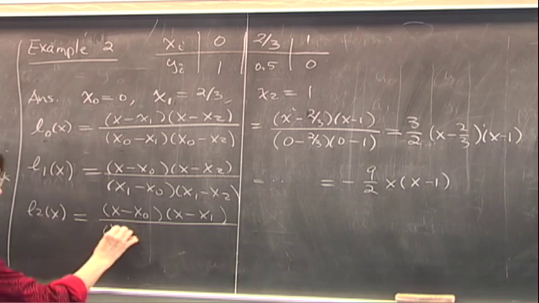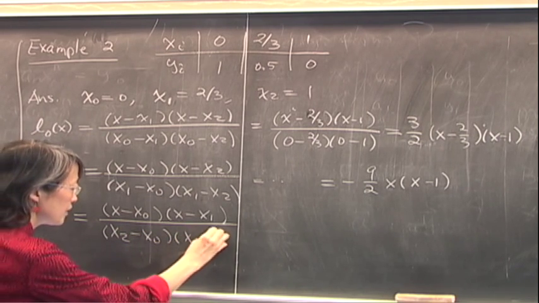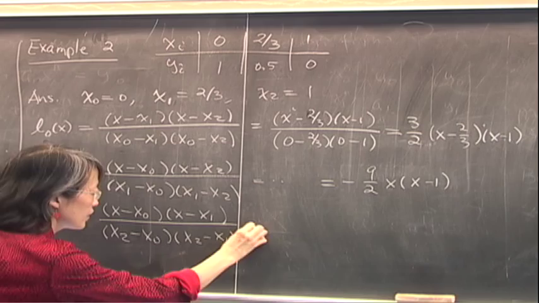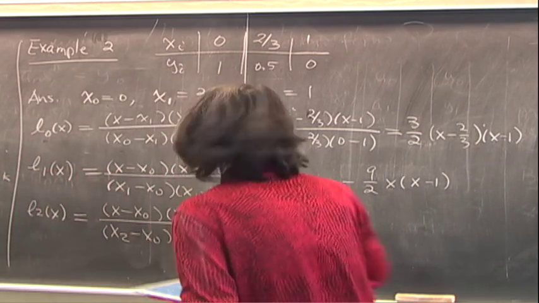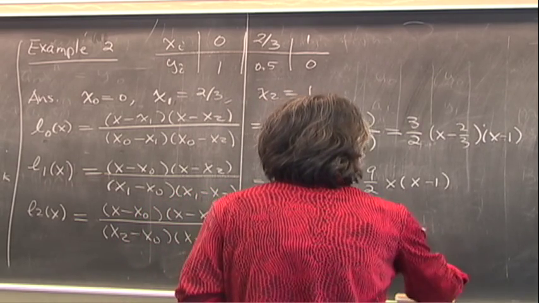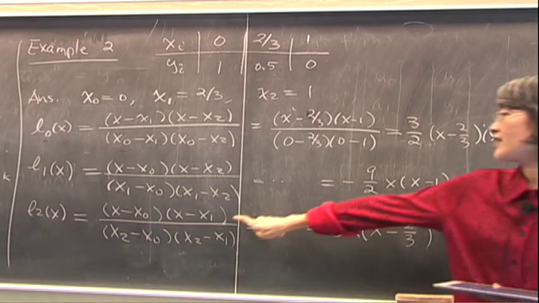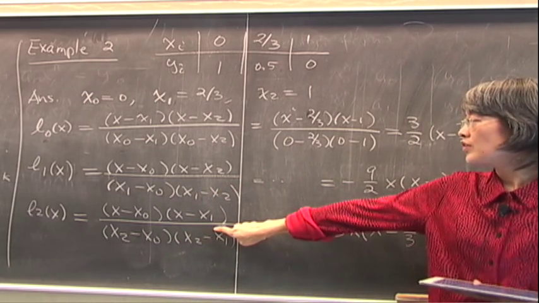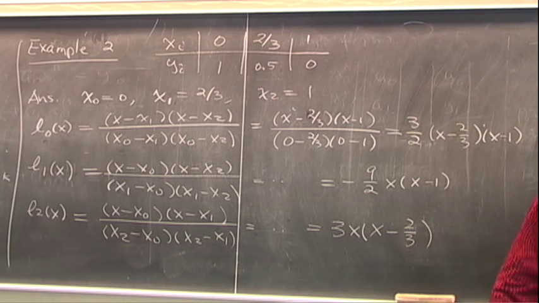Change the x into x2, right? x2 minus x1. Okay, if I work it out, I would not give you the pleasure of watching me work it out. I just give you the answer. That's the mental part. Once you know the correct formula, you can just fill in and get it, right?